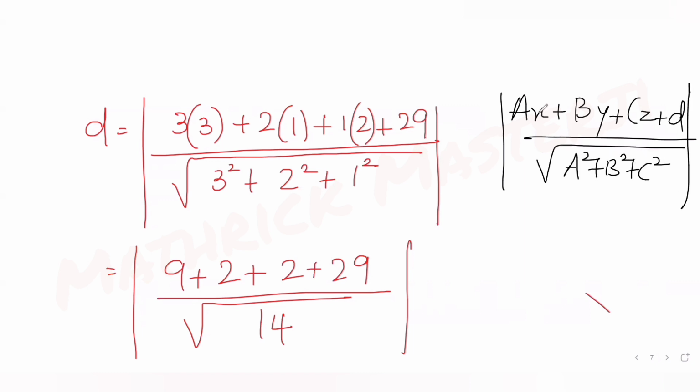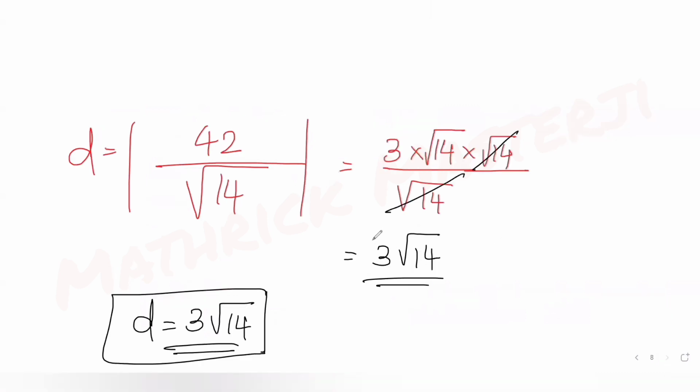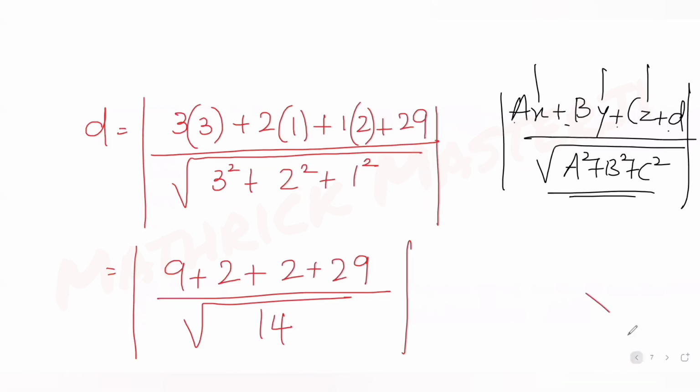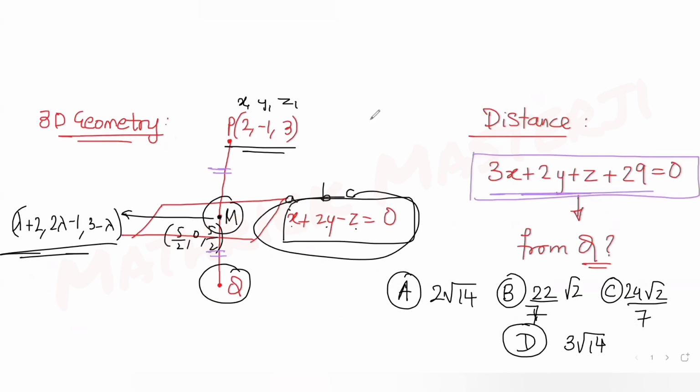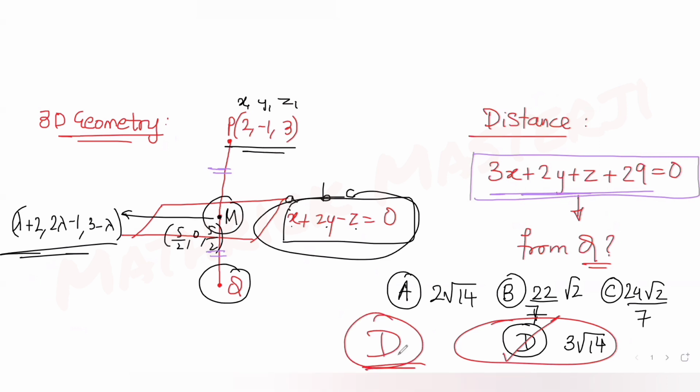If I use this idea, x, y, and z here were the coordinates of Q, d was the constant of the equation of the plane, and a, b, c here were the coefficients of x, y, z of the plane. So that gave me the answer turning out to become 3 root 14. And that matches with option D. So D becomes the correct answer for the question which is given to us here.